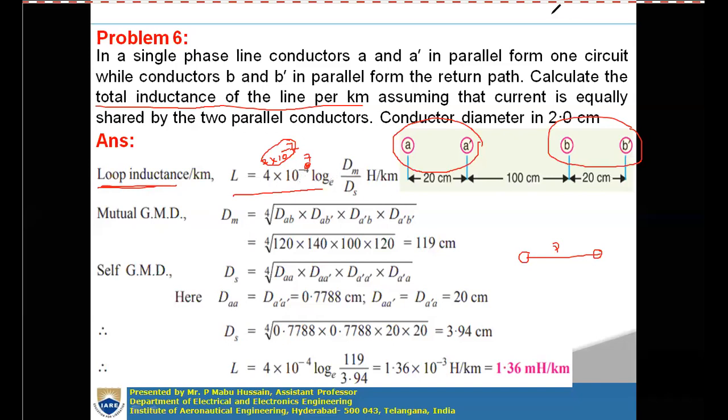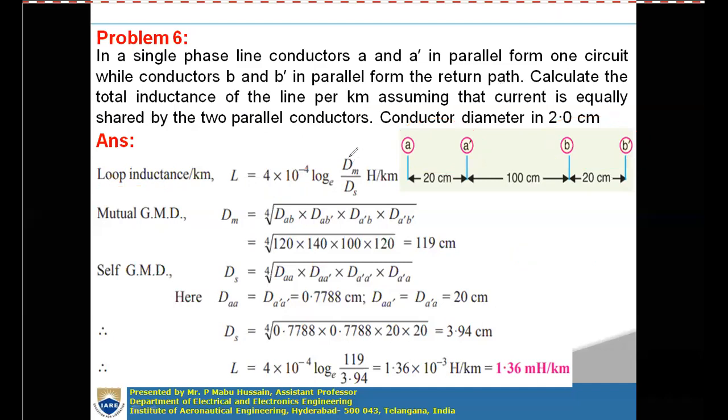Here, what is DM and what is DS? DM is the mutual GMD. Mutual GMD is the product of all the mutual distances between any two conductors. If you observe the phase A conductors and phase B conductors, you have to take the product of all mutual distances.